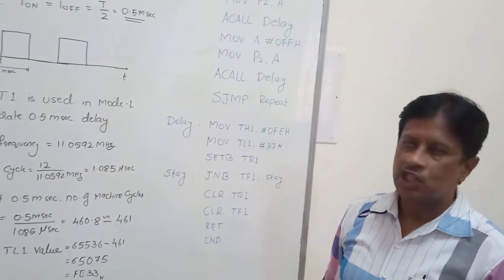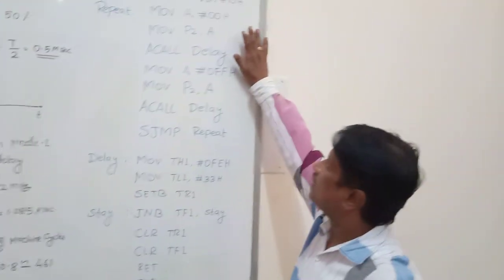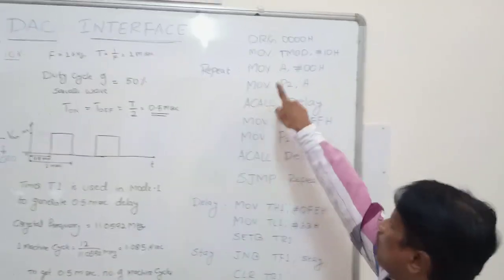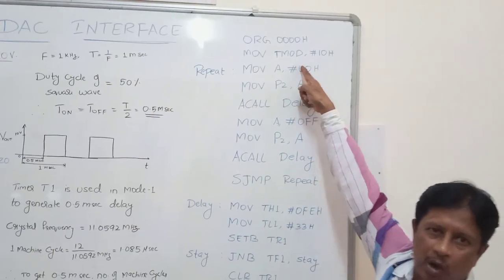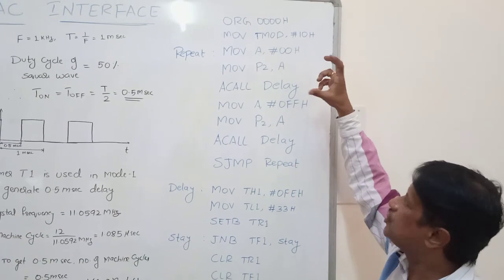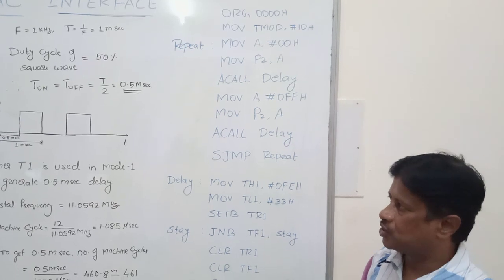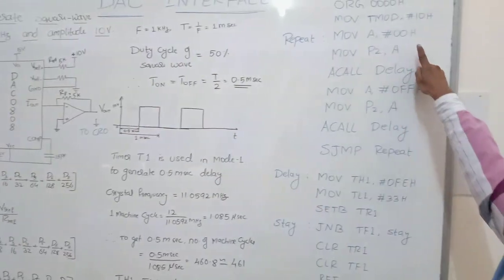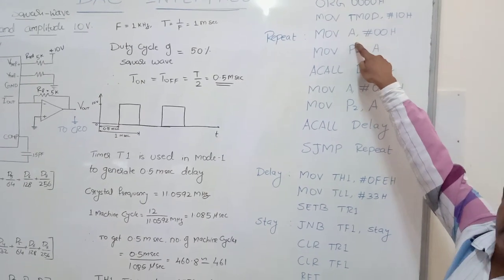Now let us write a program so that we can generate a square wave. First I am using timer 1 in mode 1, so I have to put a value into TMOD. I am moving 10H to TMOD, and then the digital value I want to send first. In the square wave I first want to send 0, so I am moving 00 to the accumulator.